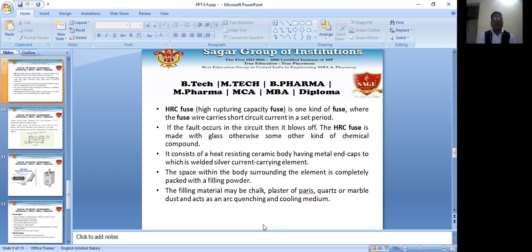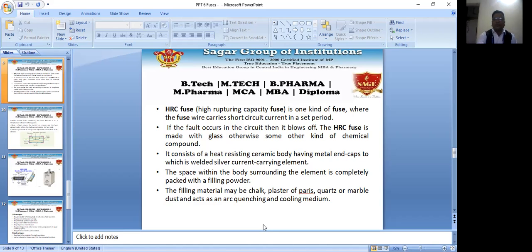It consists of a heat resisting ceramic body having metal end caps to which is welded the silver current carrying element, and the space within the body surrounding the element is completely packed with filling powder. The filling material may be chalk, plaster of Paris, quartz, or marble dust, and it is the arc quenching and cooling medium.